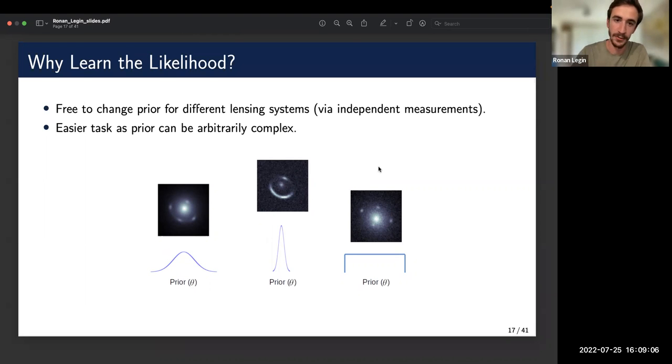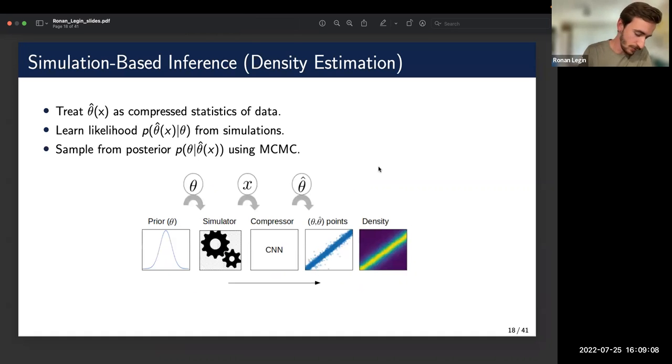So if we're doing amortized likelihood, basically we're using a neural network to predict a distribution over our data. But since our data is high dimensional images, technically this is intractable. So what I do instead is learn a likelihood over compressed statistics of the data.